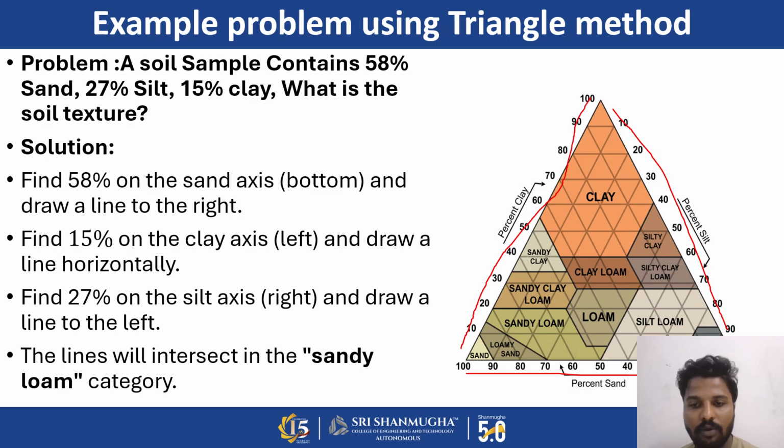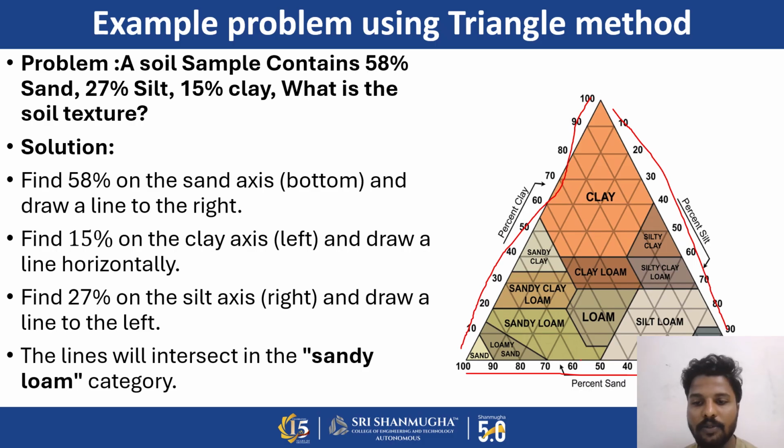So we have to draw the line from 58 percent to the left side. In the slide it says to draw a line to the right side, but we can't draw to the right side because the sand percentage is 58 percent, which is more than 50 percent. So in this case we have to draw the line to the left side from 58 percent.